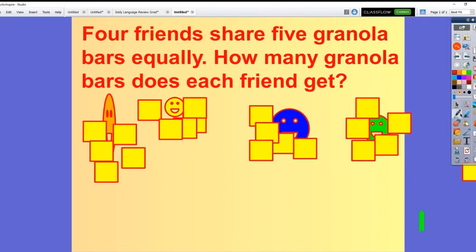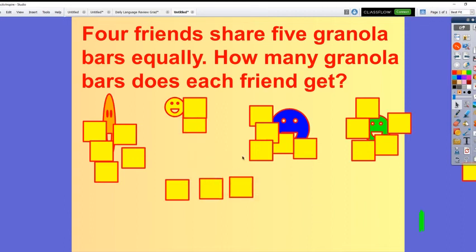Now I can take this and I can just count by fourths. We'll use yellow. We'll use yours since you're the one who came up with this. So this would be 1/4, 1/4, 1/4, 1/4, 1/4.